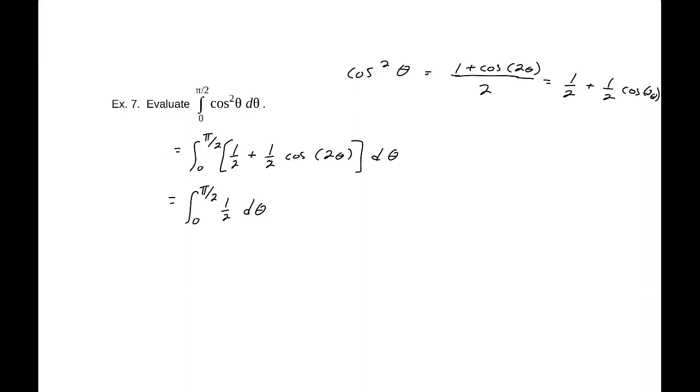I'm going to break this up because I can do that. Plus 1/2, integral from 0 to pi over 2, cosine 2 theta d theta. For the first one, it's going to be fairly straightforward. That's going to be 1/2 theta, evaluated from 0 to pi over 2, which will be pi over 4.